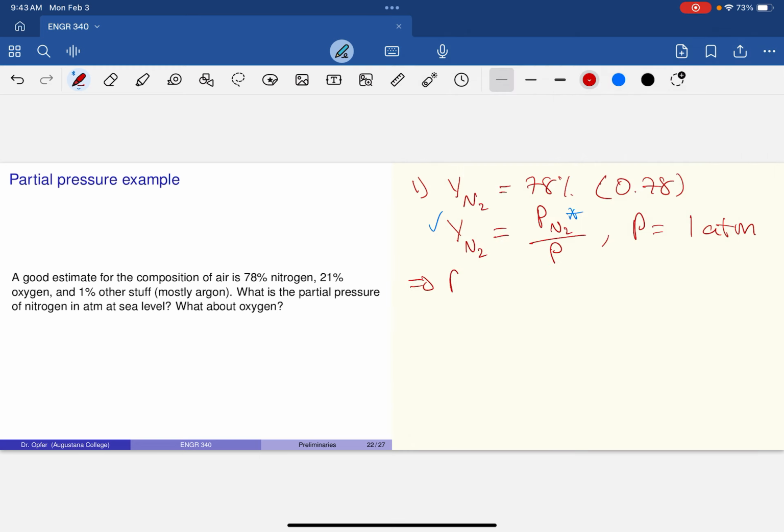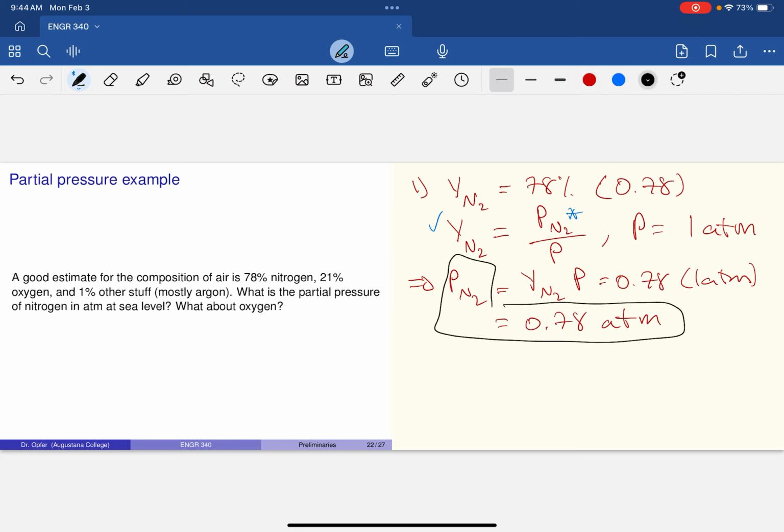So partial pressure of N2 is equal to the mole fraction of N2 times the total pressure, which is equal to 0.78 times 1 atm, which is equal to, if you can do this in your head, 0.78 atm. Okay, so here's our answer for the partial pressure of nitrogen.